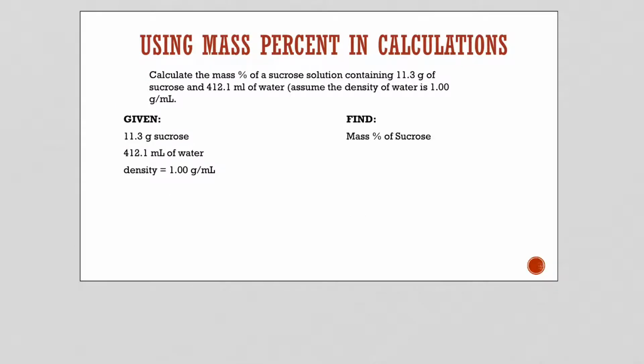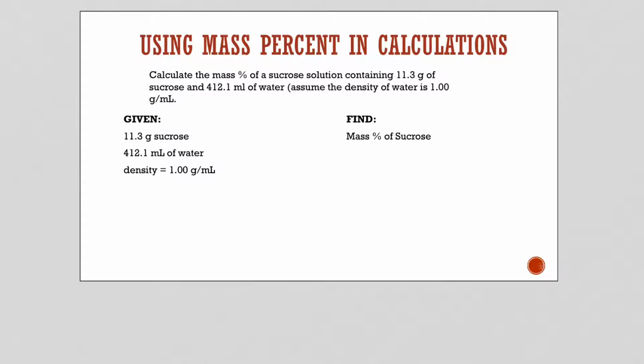So our first problem here is to calculate the mass percent of a sucrose solution containing 11.3 grams of sucrose and 412.1 milliliters of water. Now, we're going to assume the density of this solution is 1 gram per milliliter.